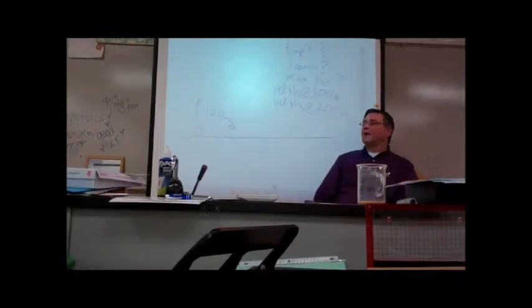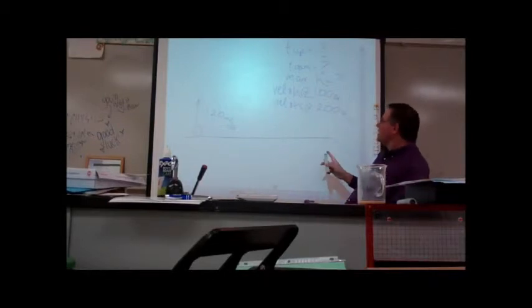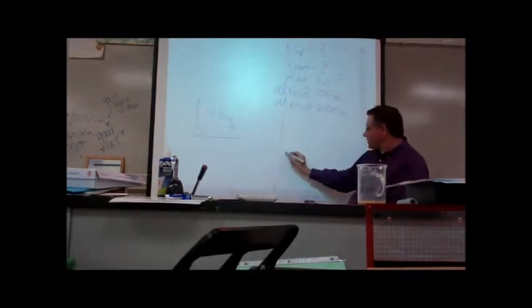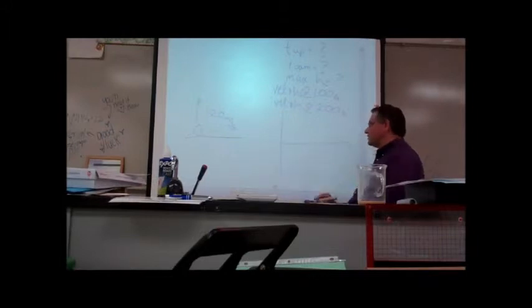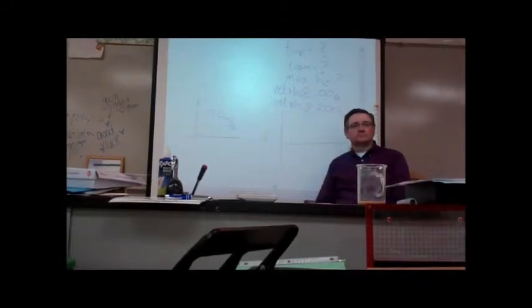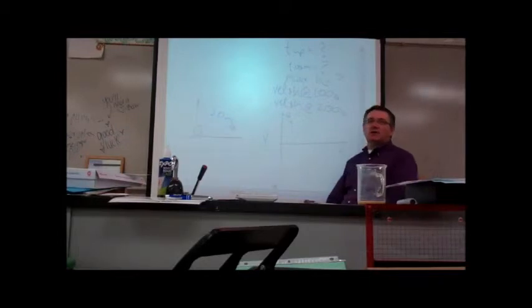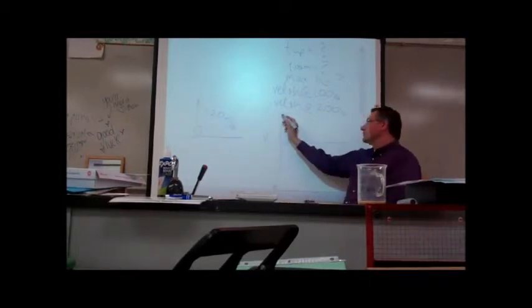Now, let's chit chat. Even though I don't ask you to, let's start with the velocity time graph. What's the velocity time graph going to look like? It's going to be like that. It's going to start at positive 12, and it's going to go down.